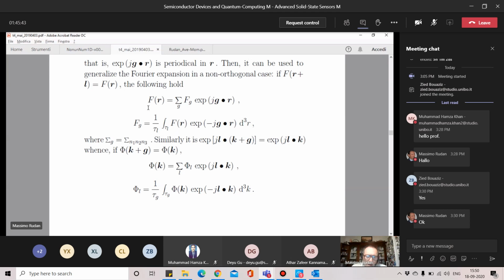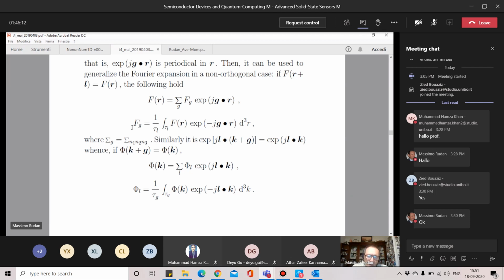As you can see here, the sum over G actually means a triple sum over n1, n2, n3, where these three numbers are integers and go from minus infinity to plus infinity.